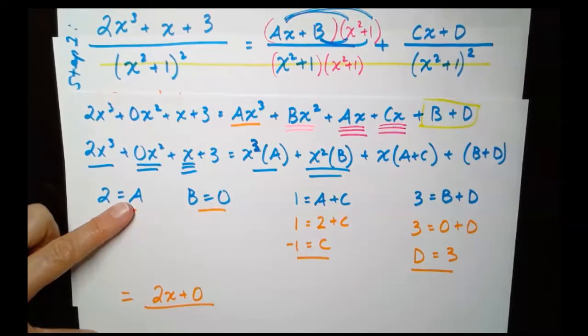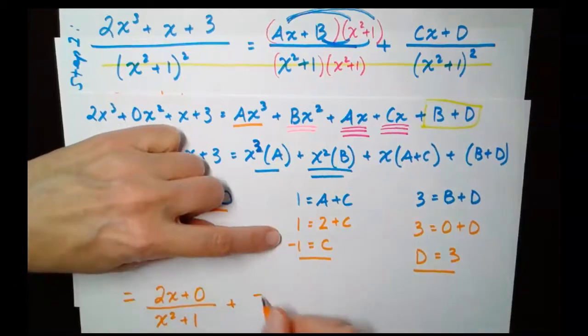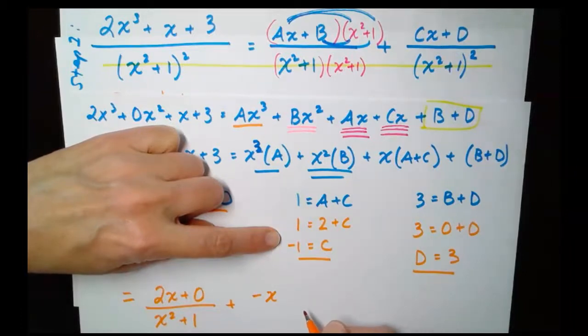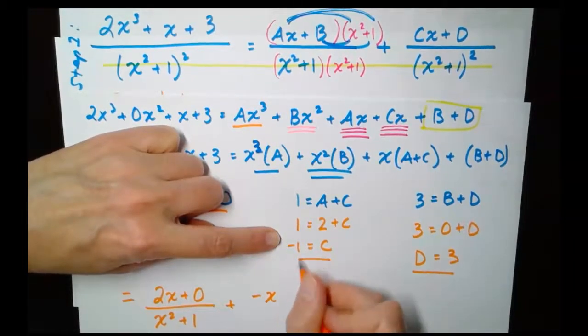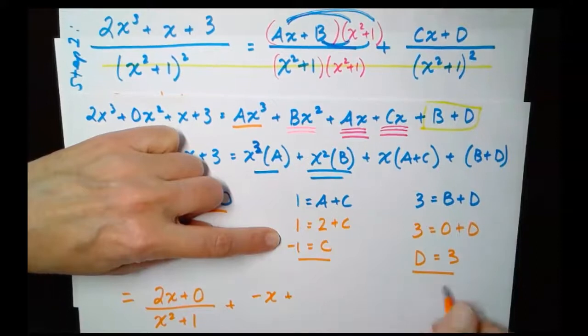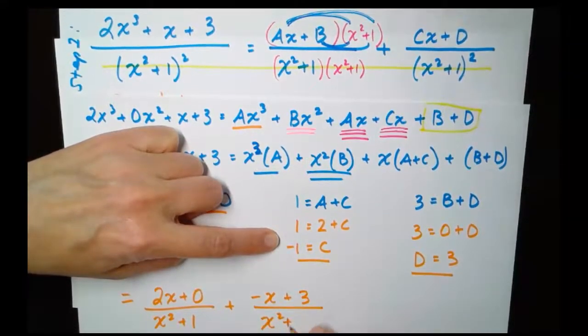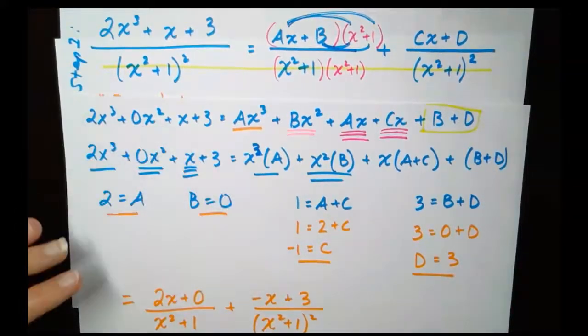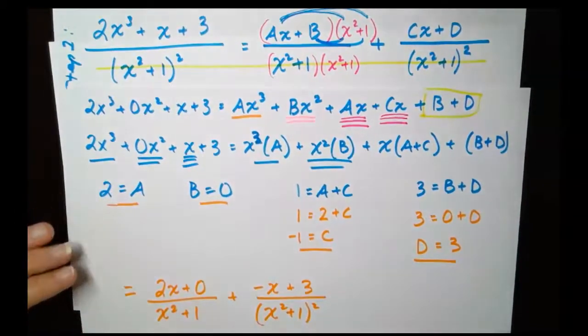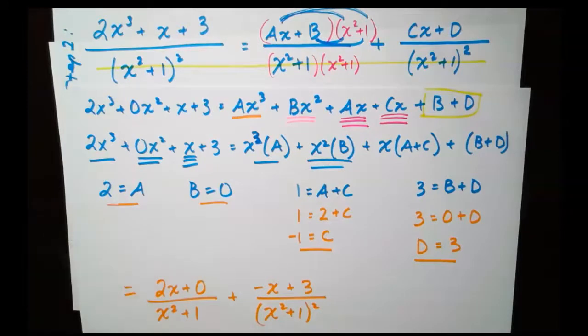So (2x + 0)/(x² + 1) plus cx plus d, so negative 1x plus d, which is 3, over (x² + 1) squared. And that is the partial fraction decomposition for when you have repeated quadratic factors in the denominator.